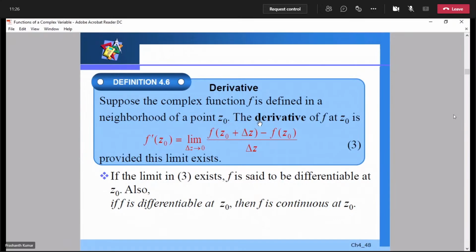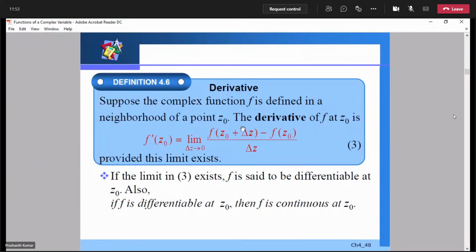The derivative of f at z naught is given by f dash z naught, that is equal to limit delta z tends to 0 of f of z naught plus delta z minus f of z naught, divided by delta z.